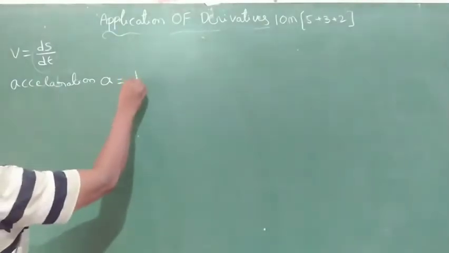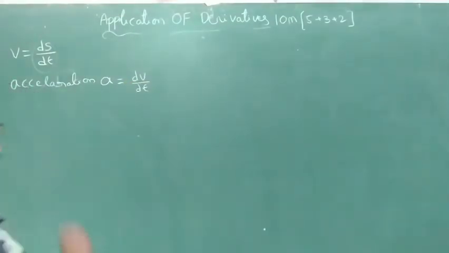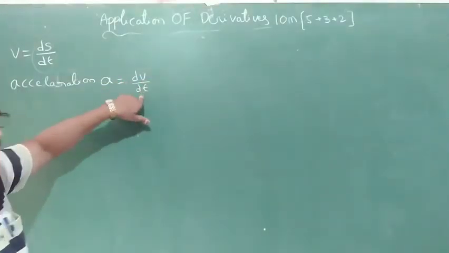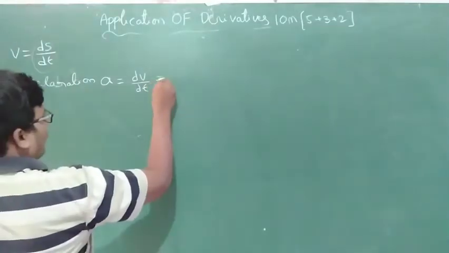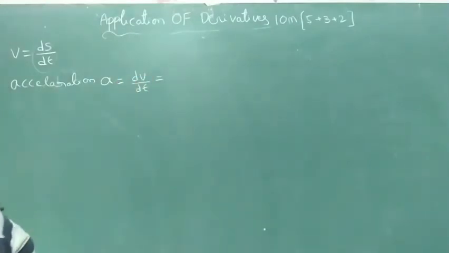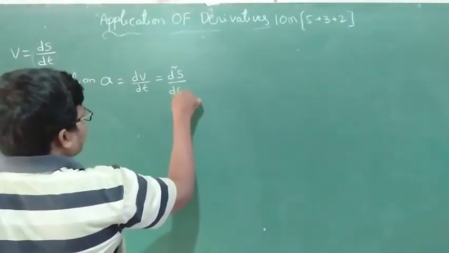Velocity is denoted by v. The rate of change in velocity means dv by dt. So acceleration is dv by dt, where v is ds by dt, one time derivative with respect to t. So dv by dt is nothing but d square s by dt square.